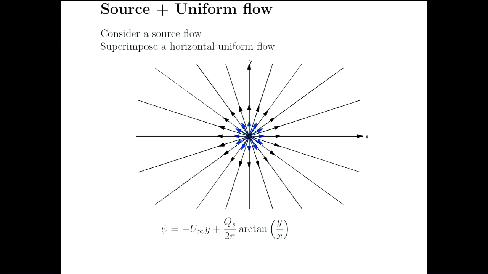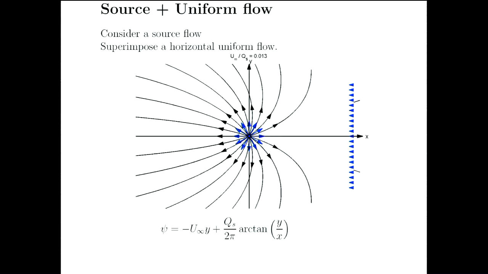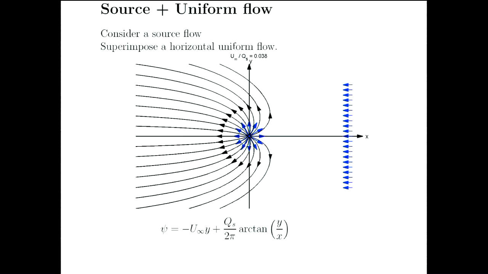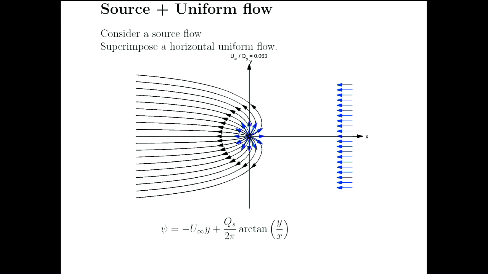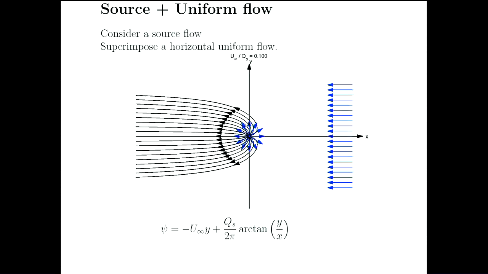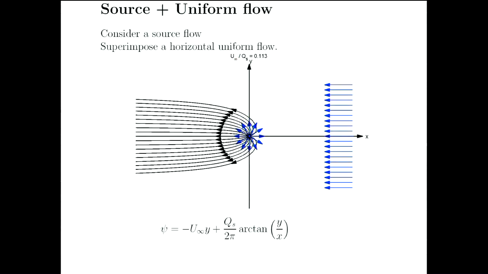Negative u infinity because I'm going to the left-hand side, right? And you can see that as I increase my free stream velocity, the streamlines coming out from the source are going to change, right? Basically what I'm doing is just increasing the ratio between u infinity and Qs.